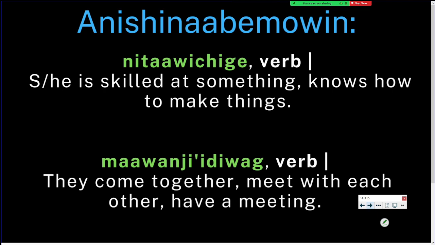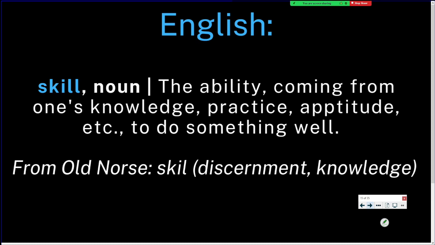I was trying to think of workplace words we could bring up, and skill, which is a noun in English. The ability, coming from one's knowledge, practice, aptitude, etc., to do something well. So it's the ability to do something well.